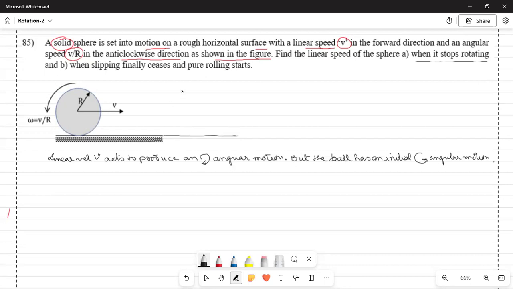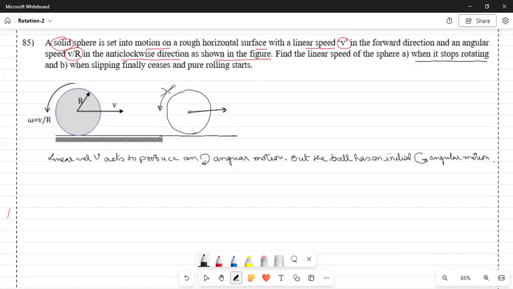That means coming to a certain point here, it will stop. Its angular motion will stop. It will only have a linear motion.